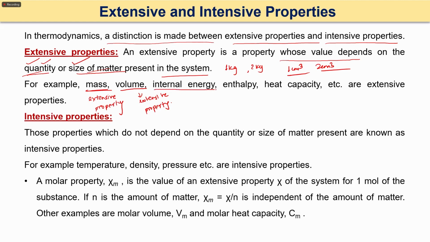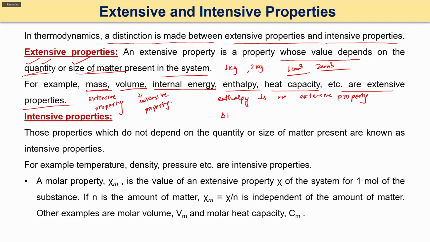Similarly, internal energy, enthalpy, heat capacity, these are all extensive properties. We already calculated that in the last class. I have told you that enthalpy is an extensive property, that means we were able to add or subtract it.